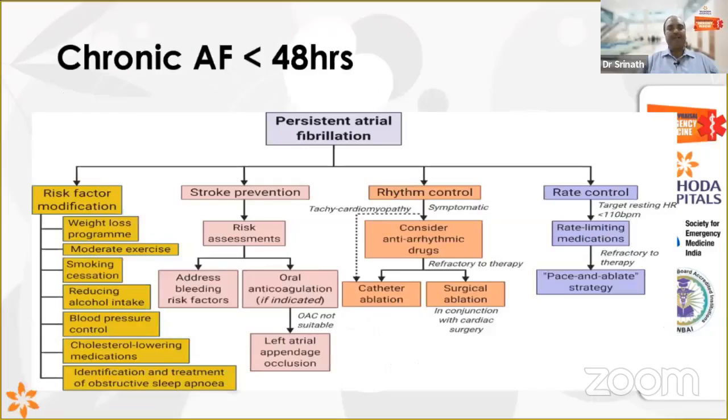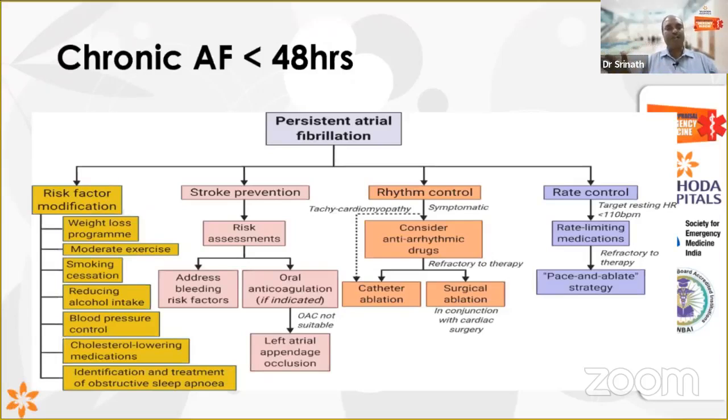One is risk factor modification. Second is stroke prevention. Third is rhythm control. Last is rate control. These are the 4 arms you have to keep in mind when you are treating a patient with chronic atrial fibrillation. Follow this management, and you can ensure that the patient is getting the right treatment.